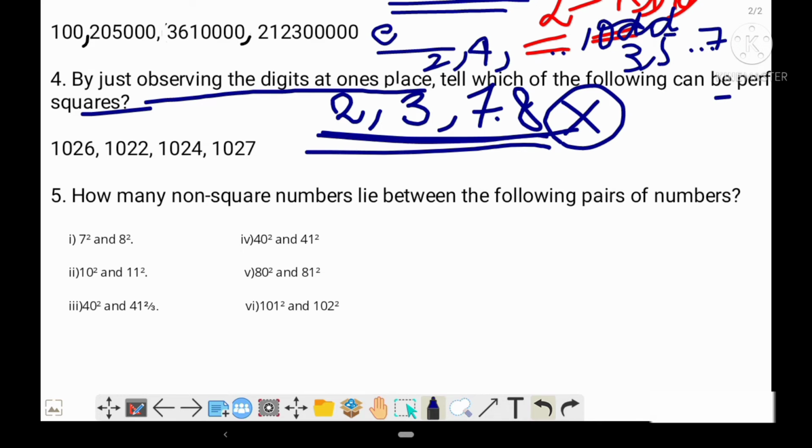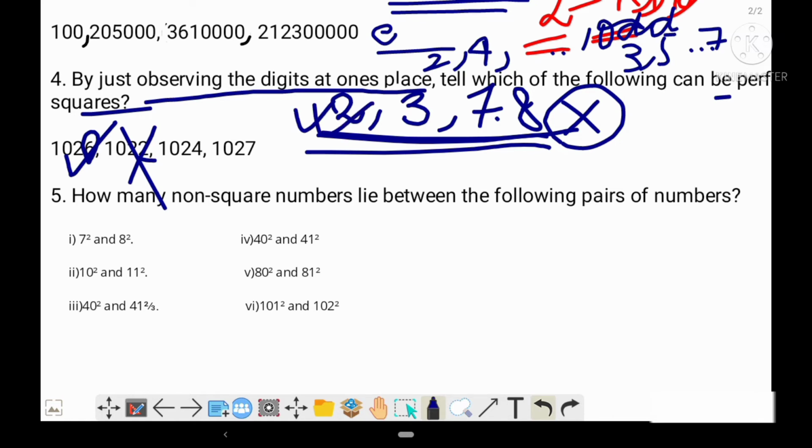So 1026 is ending with 6, so it can be a perfect square. Okay, so 1026 is one of the answers. And the second number is ending with 2, so it cannot be a perfect square, as per this fact.